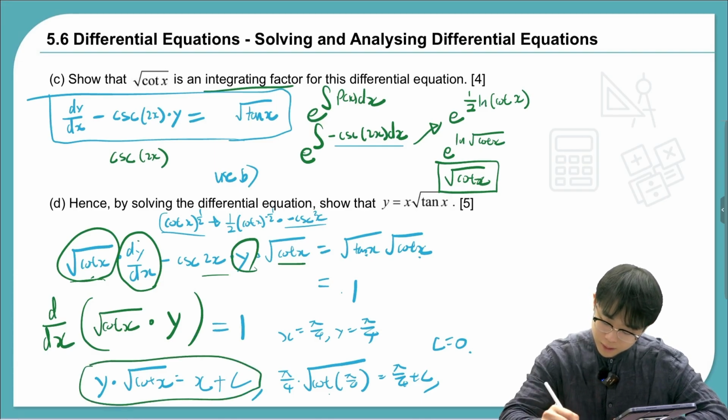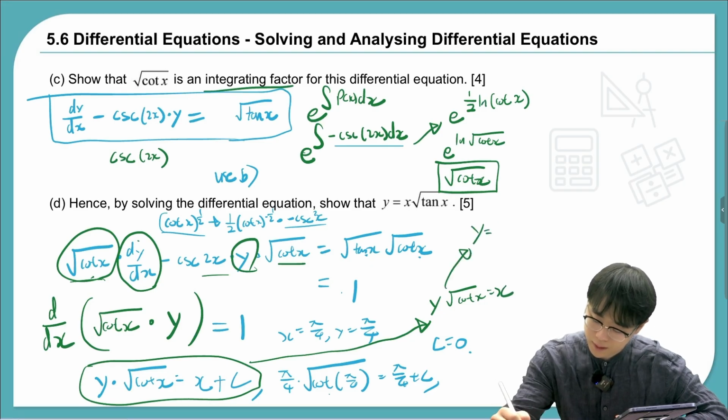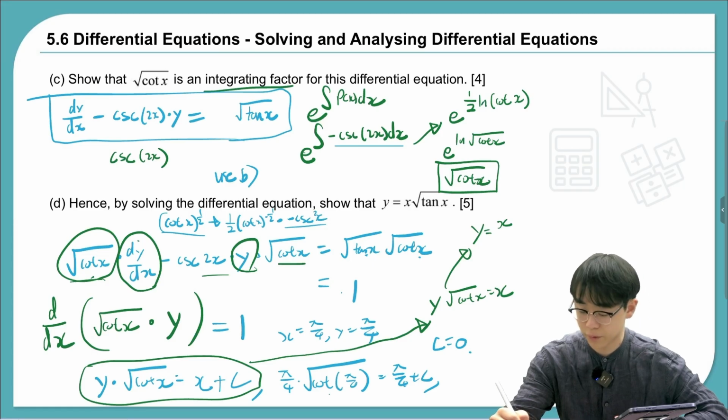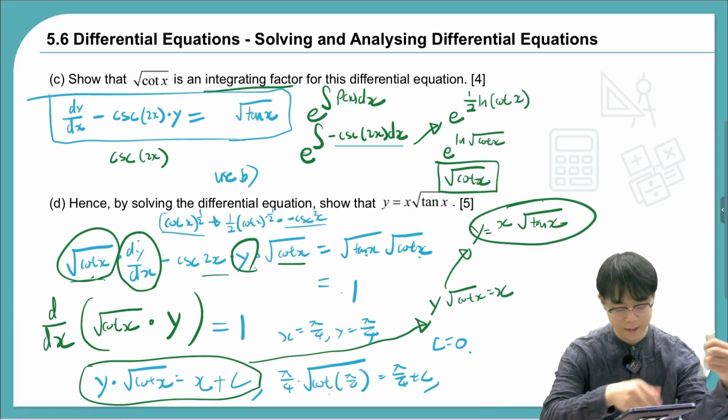So if you were to solve for y, we would just get y square root of cotangent x is x. So that means y is going to be x over square root cotangent x, or just x root tangent x. Okay, so that's how you would do part D.